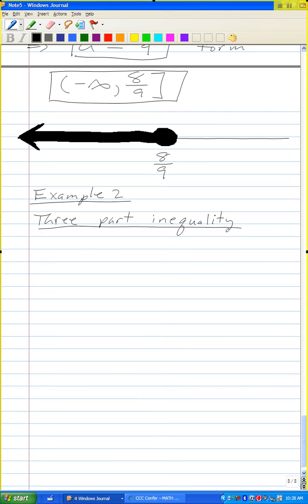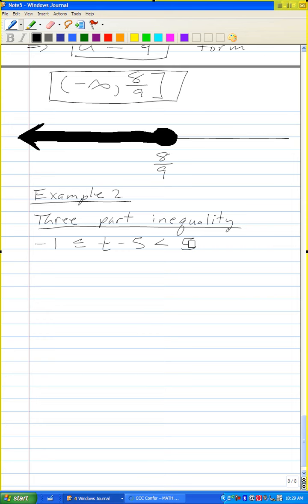So let's say that negative 1 is less than or equal to t minus 5, which is less than 5. This is called a three-part inequality. So I have here that negative 1 is less than or equal to t minus 5, and t minus 5 is less than 5. In this case, what we want is to isolate my variable in the middle.